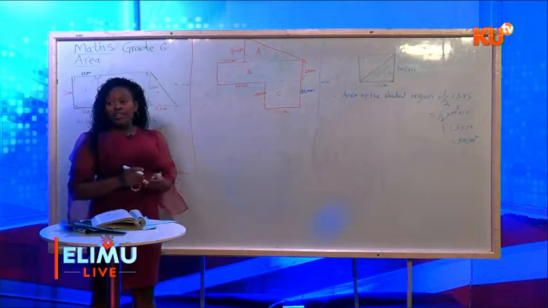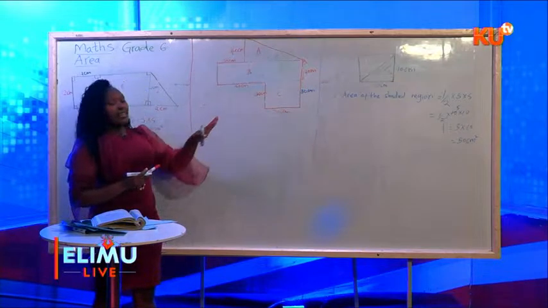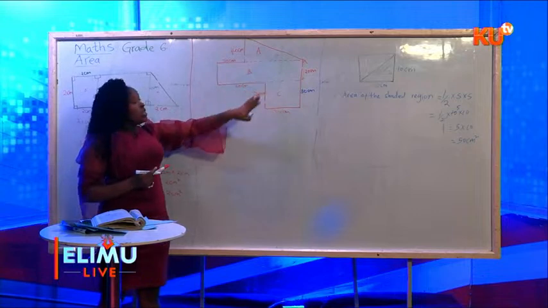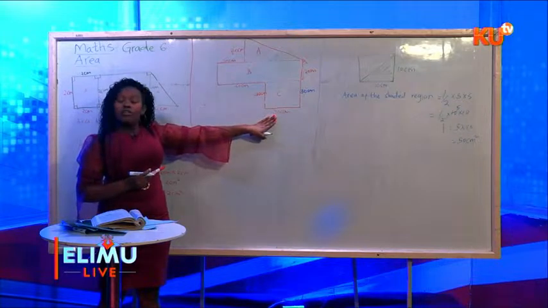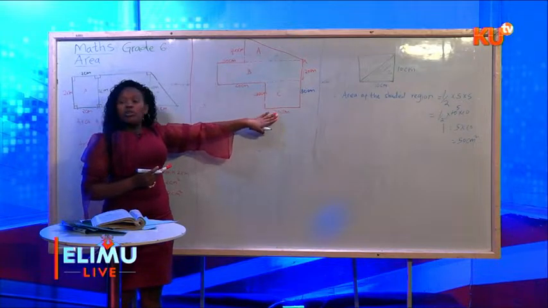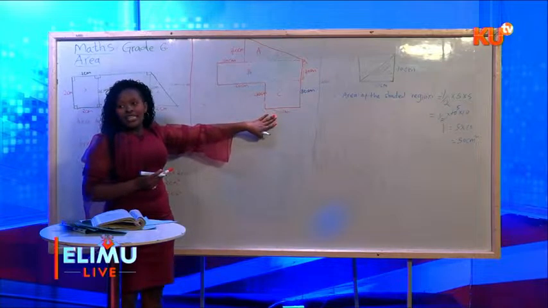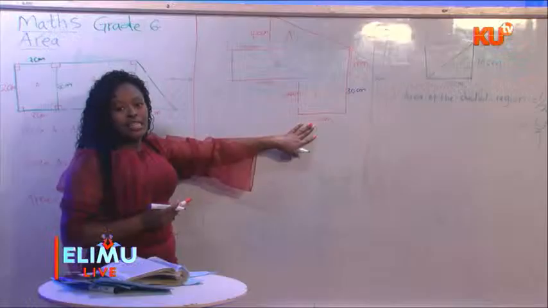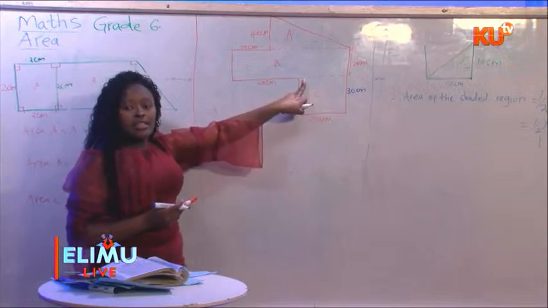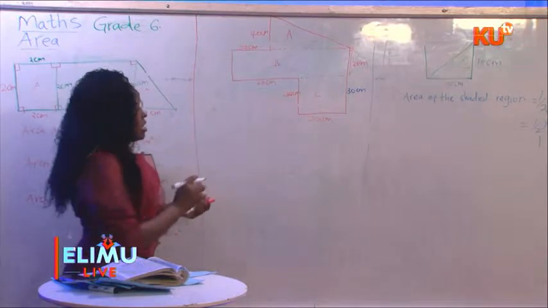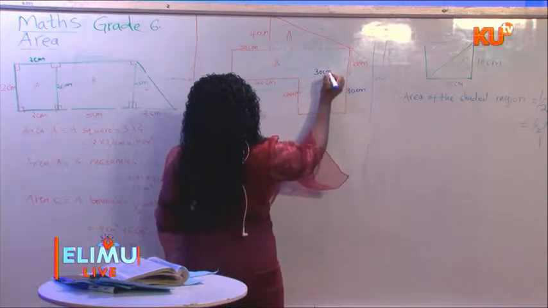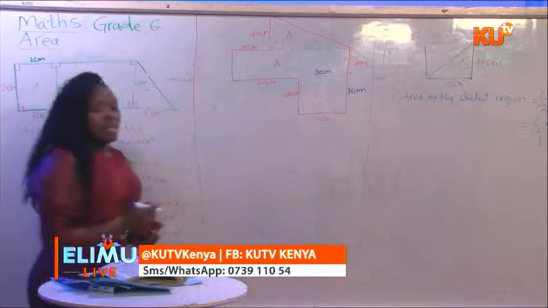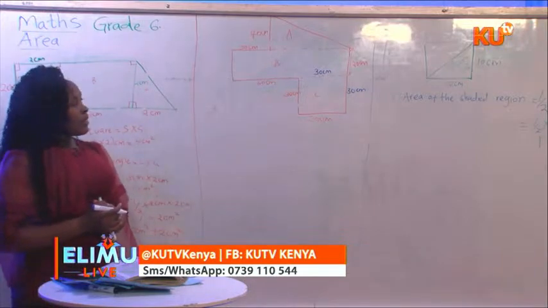I want us to find the length of the dotted line here. Because here it is written 30 centimeter, it therefore indicates that also here it is 30 centimeters. So we have gotten the length of our dotted line here, which is 30 centimeter.